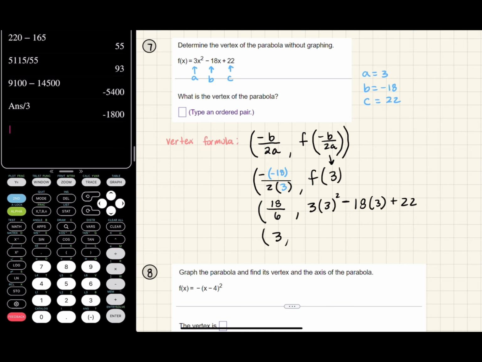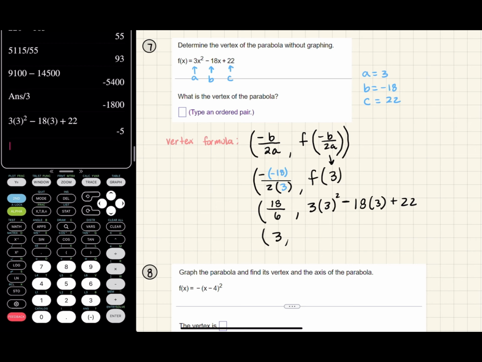Alrighty, so now I'm going to type that in the calculator. 3 parentheses 3 squared minus 18 parentheses 3 plus 22 is -5. And that's it. 3, -5.